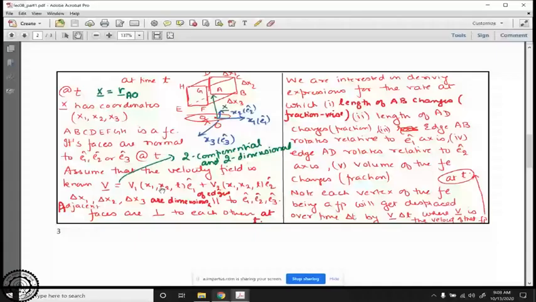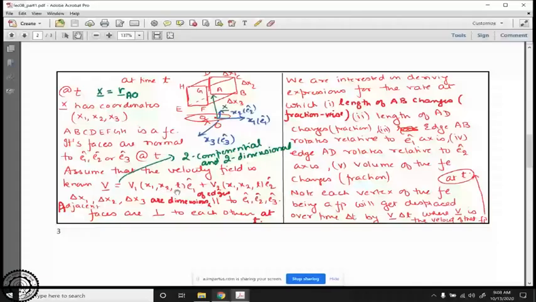But starting with the 3-componential 3-dimensional flow field will increase the algebra a whole lot, and I have a suspicion you will find it hard to first handle the algebra and also get physical insights.